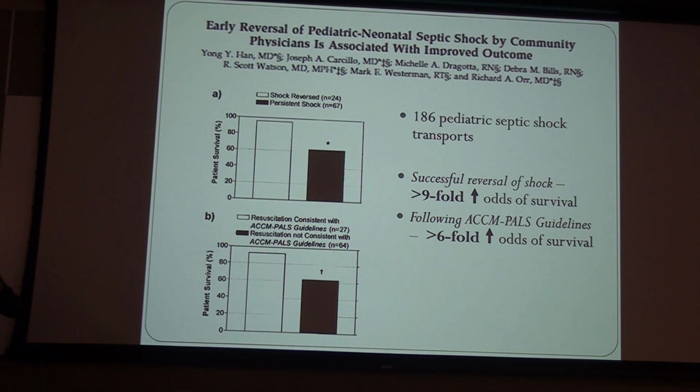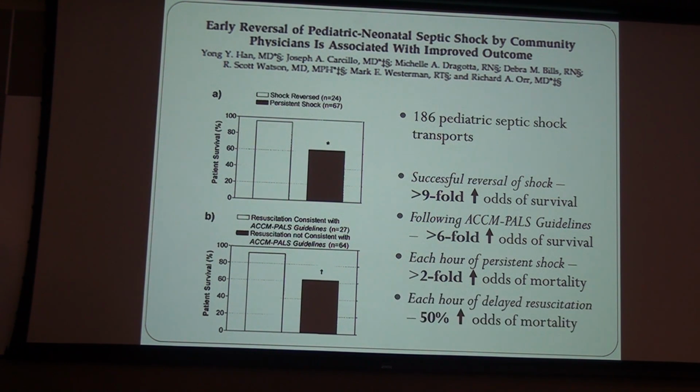But kids were even more likely to survive if their shock was reversed. So following guidelines helps with survival, but really it's important that whatever manner you use, you're reversing shock if possible. And for every hour of persistent shock, there was a 2-fold increased odds of mortality, and for each hour of delayed resuscitation, a 50% increase in odds of mortality.